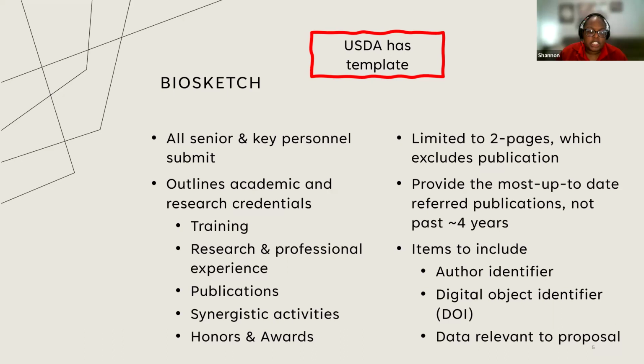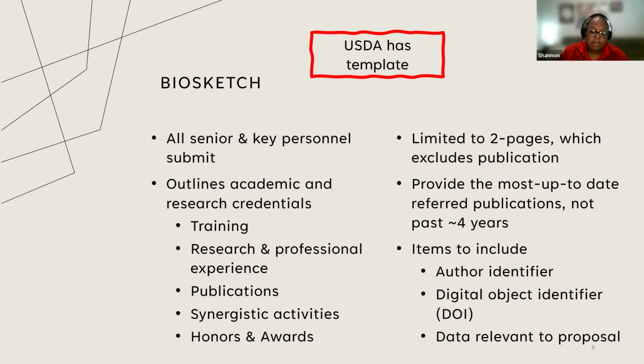This includes education, training, research, professional experience, publications, synergistic activities, honors, and awards. The biographical sketch has a limit of 2 pages, and that excludes publications. So the rule there is everything but publications needs to fit within those 2 pages. You can go beyond 2 pages with your publications.